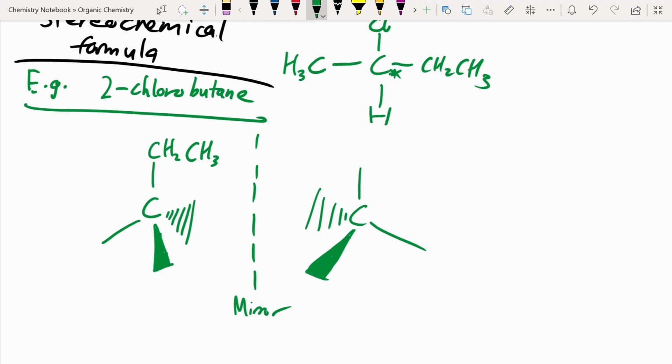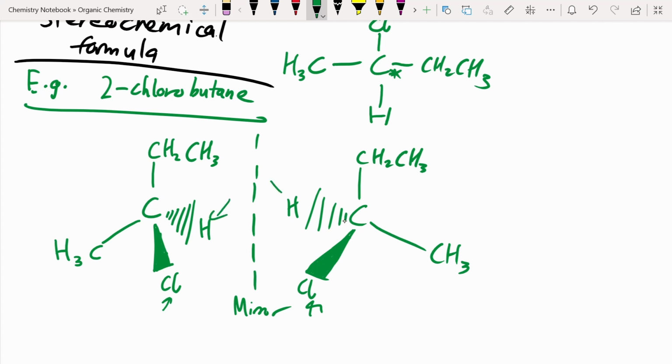The ethyl and the methyl group can be placed, and we can switch positions, as long as the spatial arrangement of these atoms is correct, in a sense that this chlorine is right here, this chlorine right here, because it's a mirror.